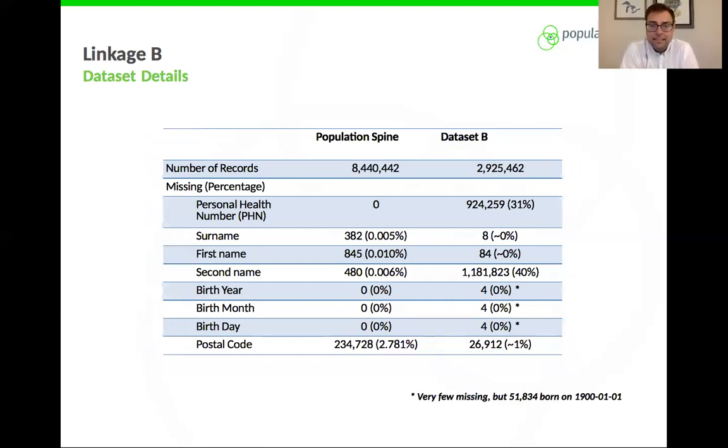The second data set that we tried to link to our population spine is a bit different. It's much larger, about 3 million records, and about a third of those records are missing the personal health number, PHN, unique identifier. There are also a number of records with the birth date set to January 1st, 1900.